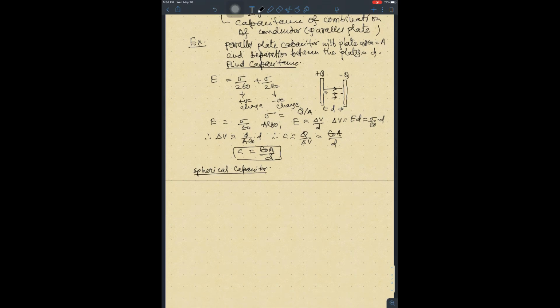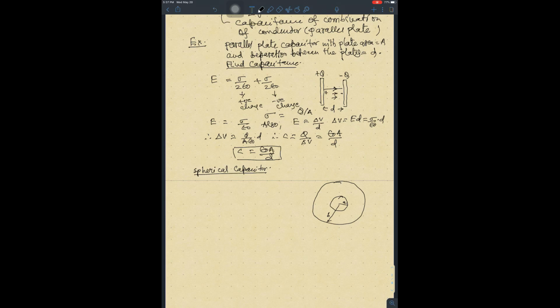For any combination to become a capacitor, two conductors are required, as I told. Here I am taking one spherical conductor and another spherical conductor. Let us consider there are two concentric spherical conductors of radius A and B, and we have to find the capacitance of this arrangement.